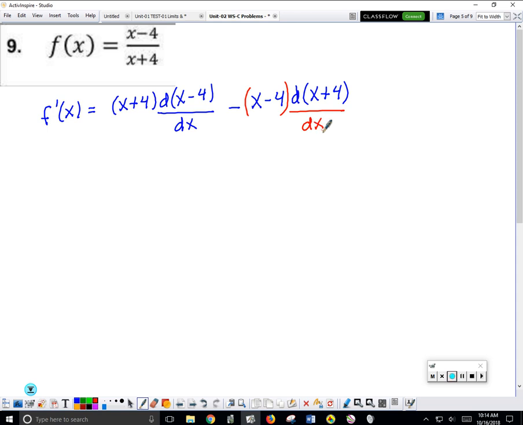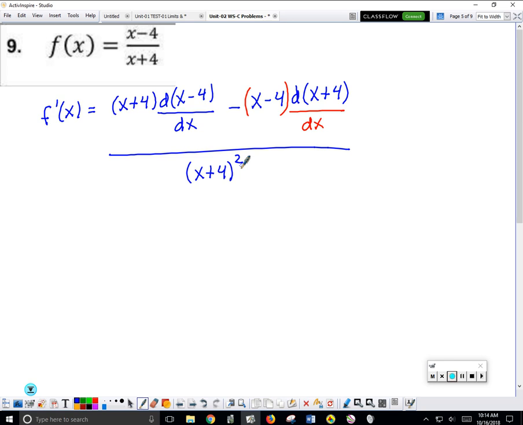How many saw that one? Point 2 for Jane. Last mistake. So Lindsay. It should all be over x plus 4 in parentheses squared. How many saw that one? Point 2 for Lindsay. Question?